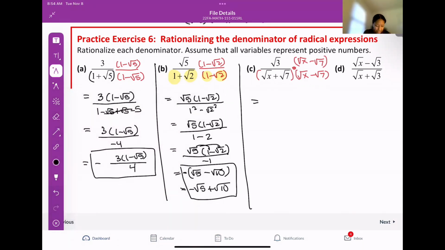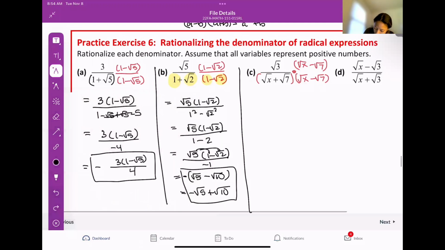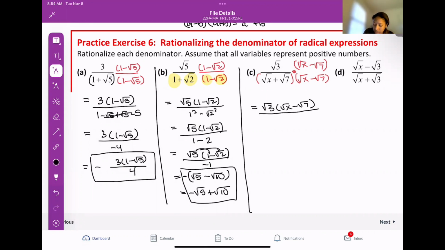In the numerator, we have root 3 times root x minus root 7. We can distribute and simplify that some more, which we will. And then in the denominator, we'll end up with the square root of x squared, which is x, minus the square root of 7 squared, which is 7, x minus 7.